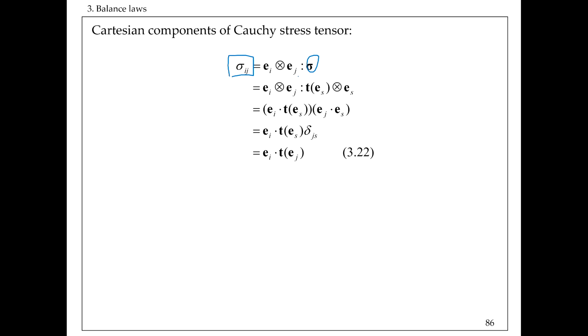Basically what we're doing is calculating the projection of that second order tensor on the dyadic product of these eij basis vectors, and then we can calculate that by substituting this traction quantity and using our double dot contraction, just to ensure the order of multiplication with the dot product here.